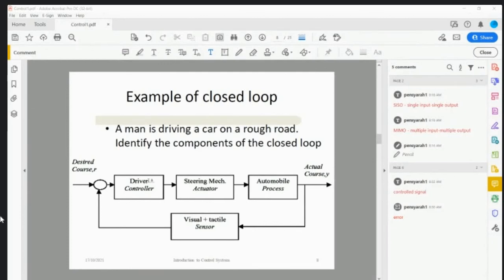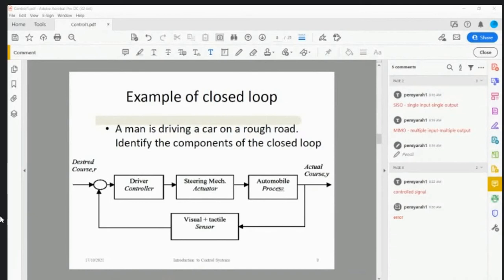Here, the system is actually one function in a car. That function allows you to control the course of your car, meaning whether your car will go straight, to the left or to the right. So it is one process, one function in the automobile system.